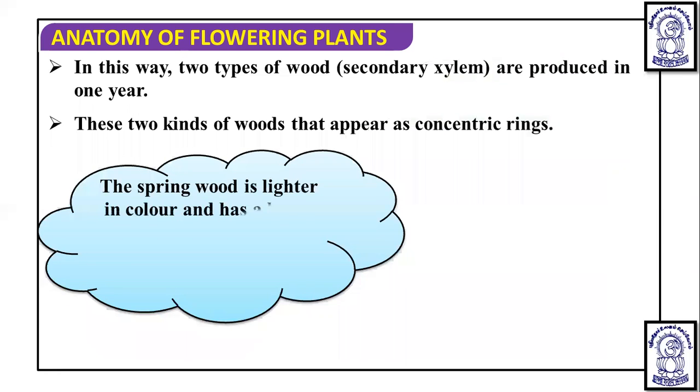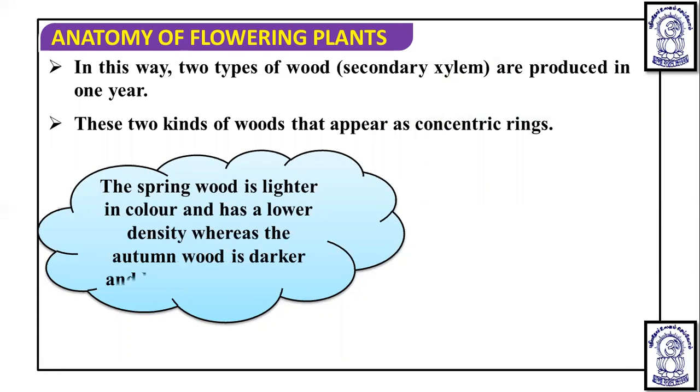Now, the spring wood is lighter in color. Why? Because it has a wider lumen and a lower density. Because the filling is less, transport can easily occur.